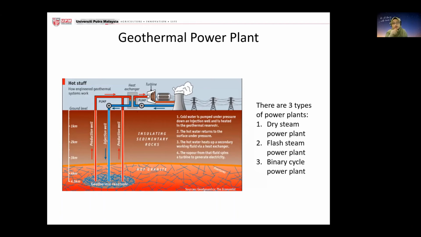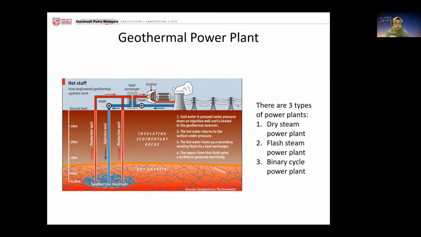You have cold water from the surface, which is pumped under pressure down an injection well into the reservoir. Because of the hot temperature in the geothermal reservoir, we heat up the water and the hot water returns to the surface under pressure, right?